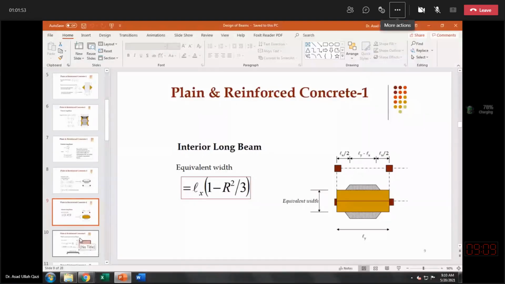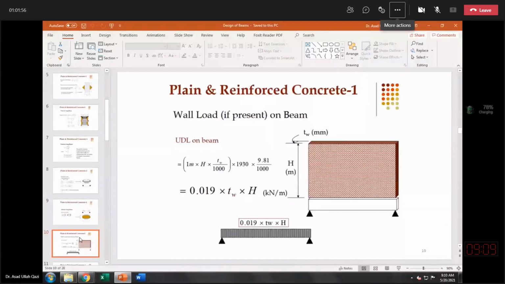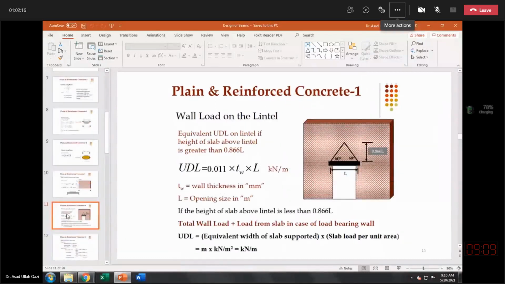In the next slides, I discussed in that online recorded lecture what if a wall is directly resting on the beam, and then on slide number 11, I discussed how to estimate the load uniformly distributed on a short beam, which is a beam placed over openings, like a lintel, if that lintel has brick courses above.